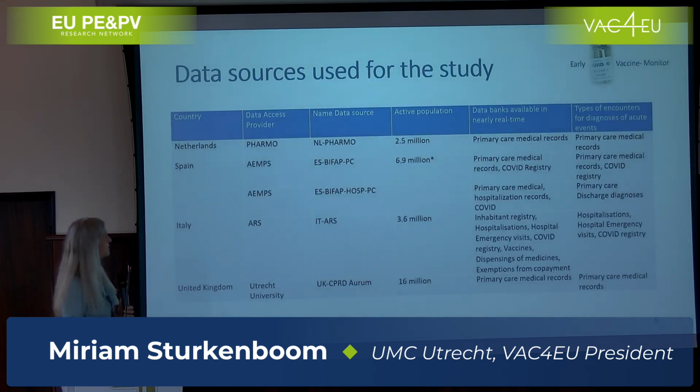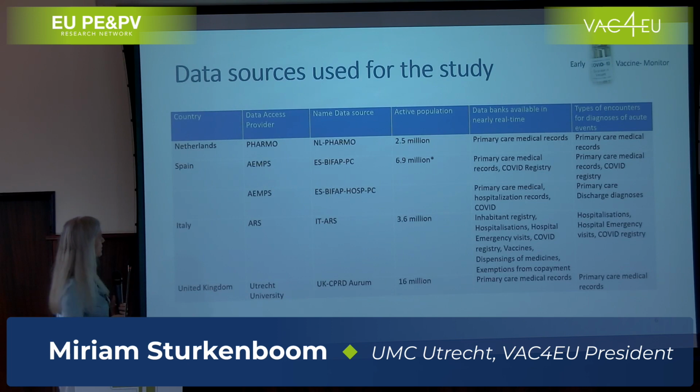So these were the data sources that were available and could actually participate with having relatively short lag times. The PHARMO database, they kept for this analysis only the GP data because they have this short time. If they link it to hospital, they need to wait for a long time, so the GP data.